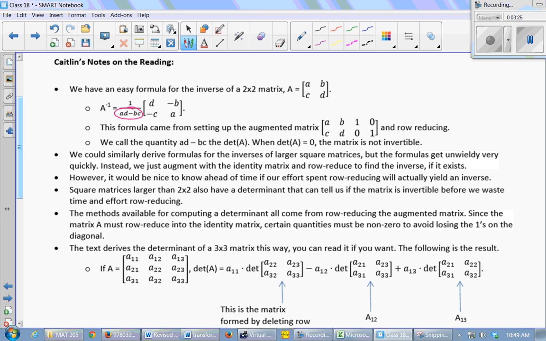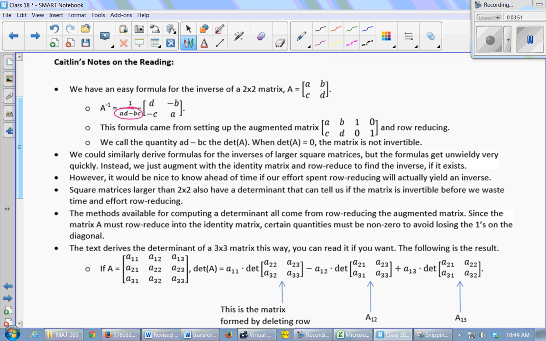But row reducing a large matrix takes a lot of time and effort, whether it's done by you or a computer. Your calculator can do maybe a 5 by 5 and it doesn't seem like it takes that long, but in the computing world, a 25 by 25 matrix isn't even considered big, and doing the row reductions on that would take a long time.